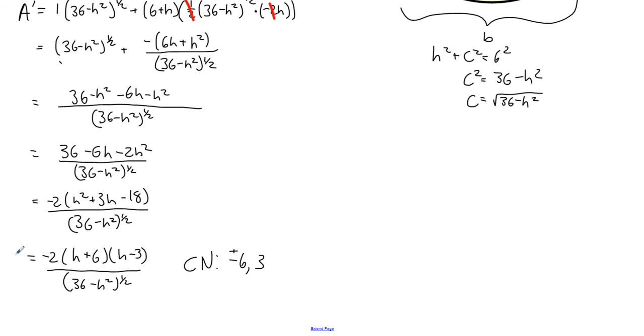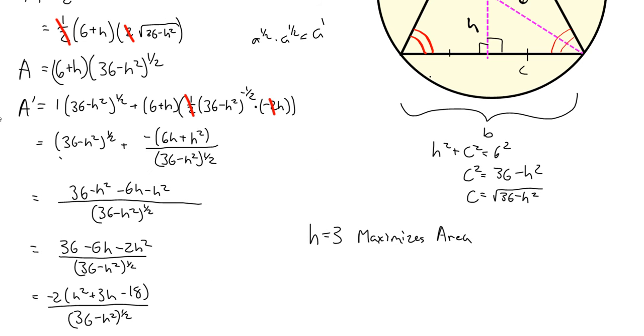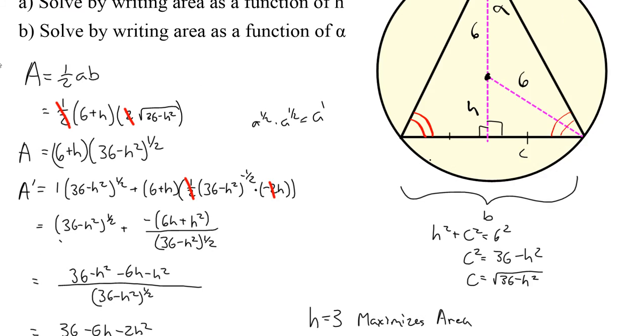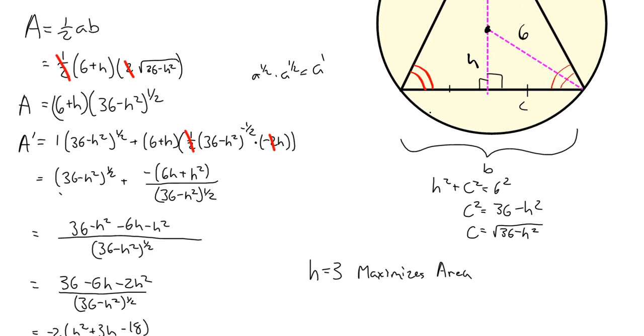So we know that the value that it's going to make it true is going to be h, not x, I did it again, sorry, h equaling 3 maximizes area. And that's good. We know that it has to. And if we wanted to, I think the question asks us to find the maximum area.